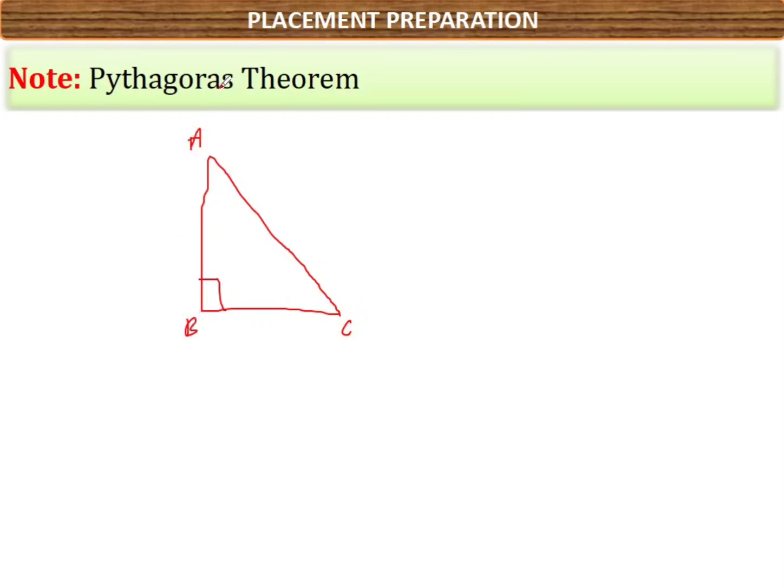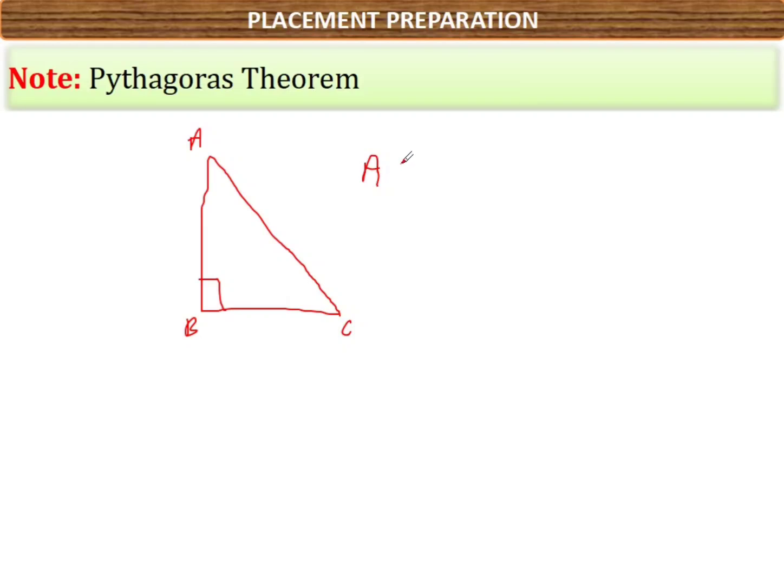Now tell me, what is the definition of Pythagoras theorem? I can define it like this: the square of the hypotenuse is equal to the sum of the squares of the opposite side and adjacent side. If you have not understood, at least you will be remembering this from your school days, that is, if not the definition, at least how to apply it and when to apply it.